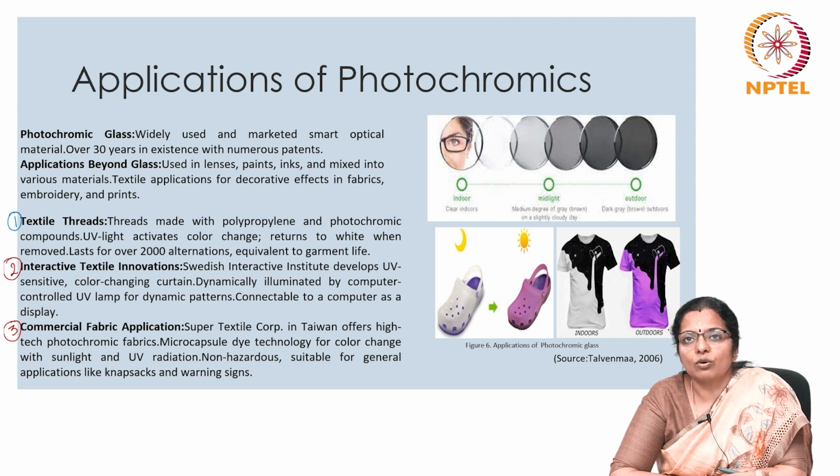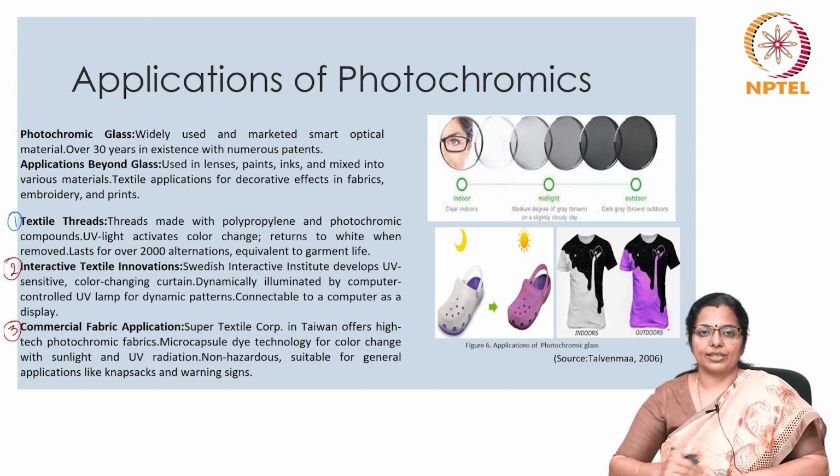Then the innovation also includes UV sensitive color changing curtains dynamically illuminated by computer controlled UV lamp and so on. So, some companies are also using it on fabric with microcapsule dye technology for color change with sunlight and UV radiation, which is suitable for general applications.